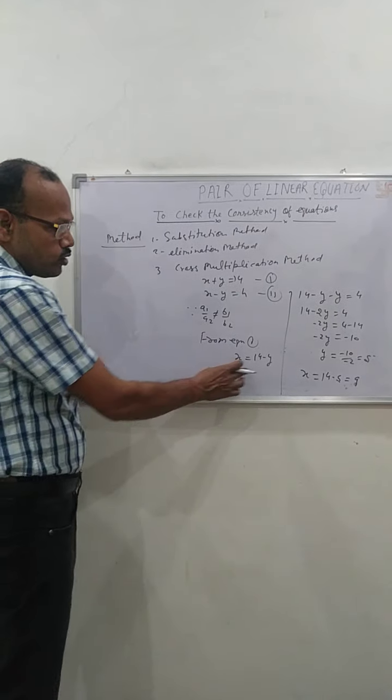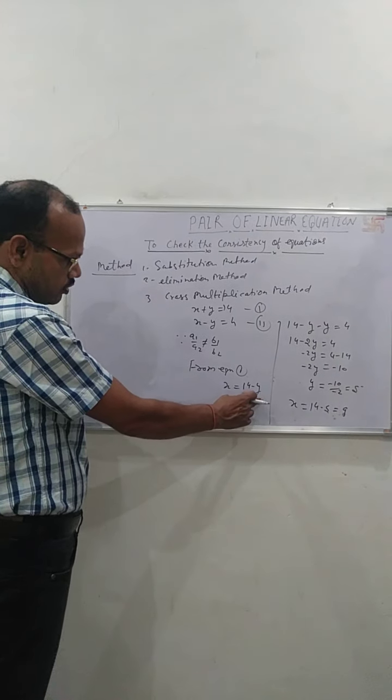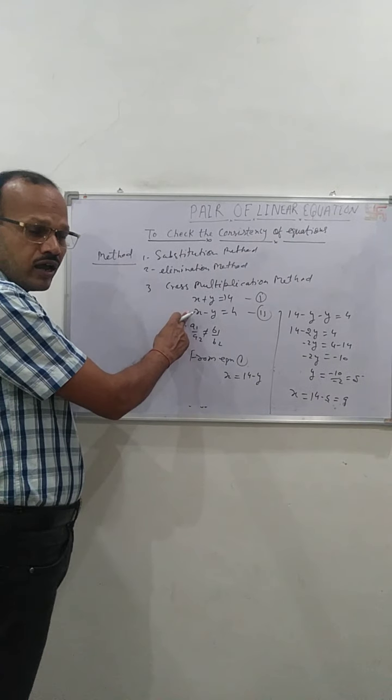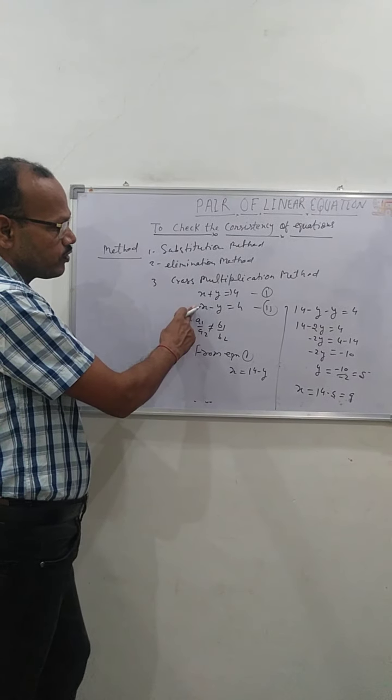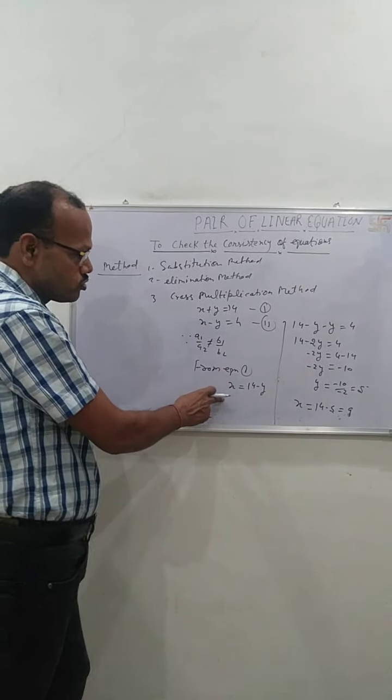If you want to check whether my answer is true or false, we again put these values in equations 1 and 2 on the left hand side, and if the right hand side is the same, then my answer is true.